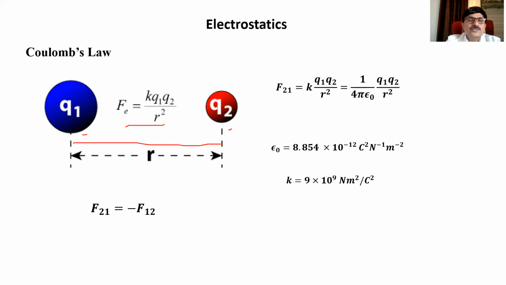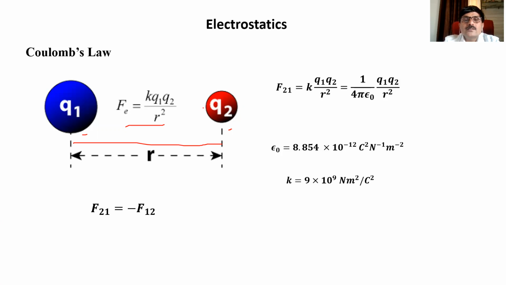Means these two charges are placed in air, that is, the medium between these two charges is air. So 1 upon 4 pi epsilon 0 is the constant of proportionality, where epsilon 0 has value 8.854 into 10 raised to minus 12 SI units, or the value of k is given as 9 into 10 raised to 9 Newton meter square per Coulomb square.